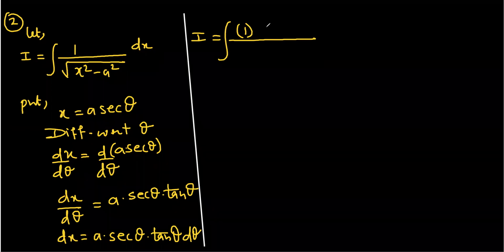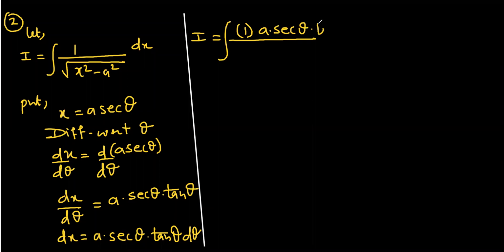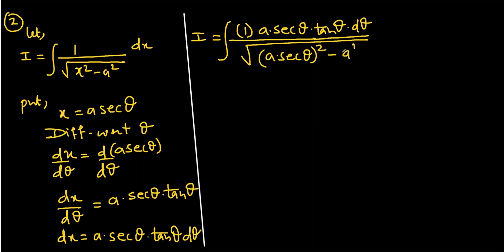I write a sec theta tan theta d theta and divide by x square. What is x? x is a sec theta. So a sec theta square minus a square.